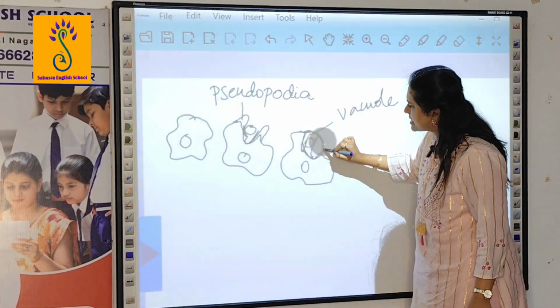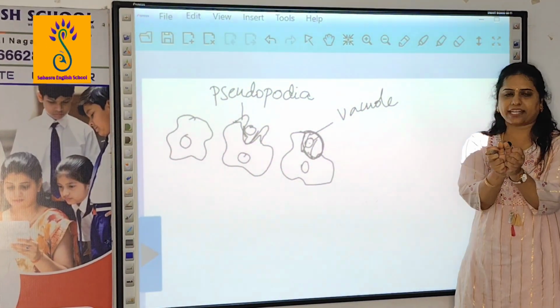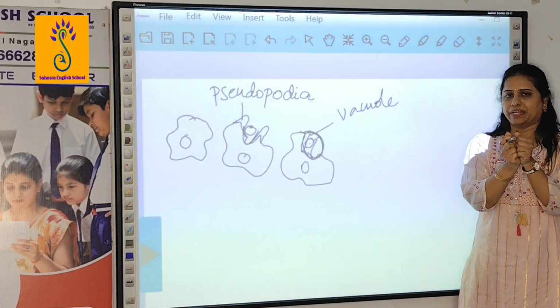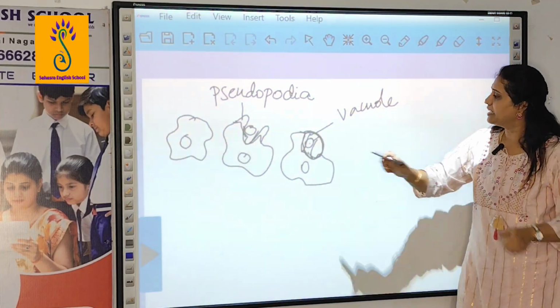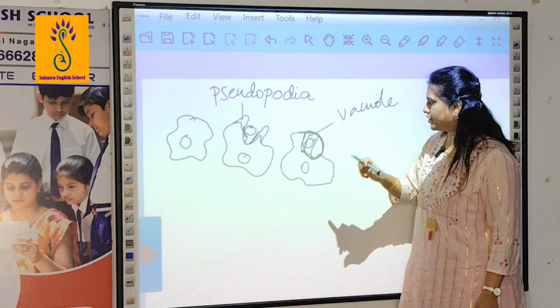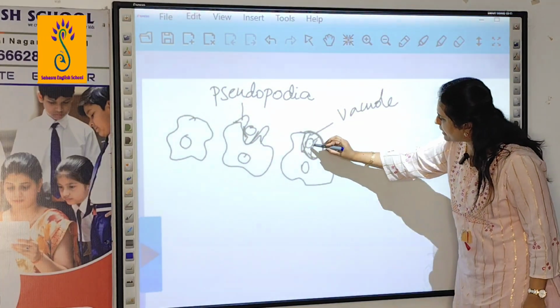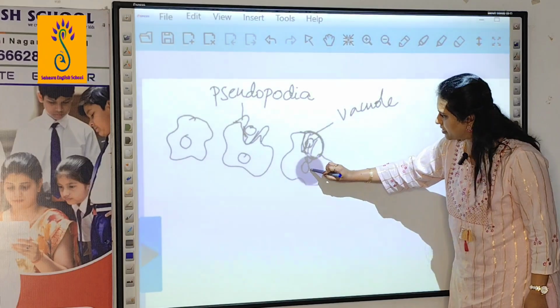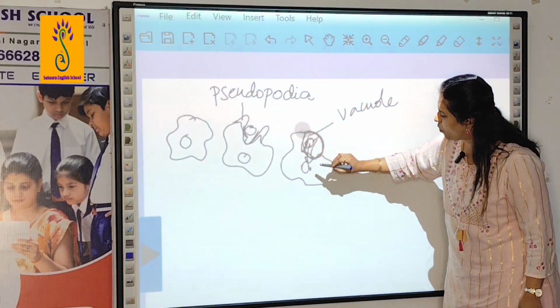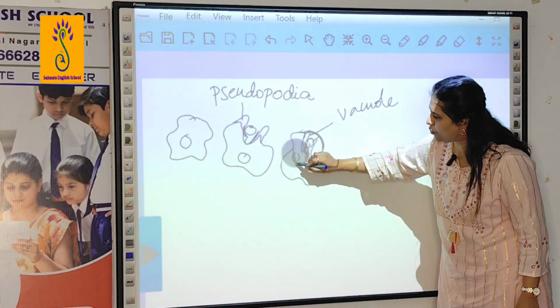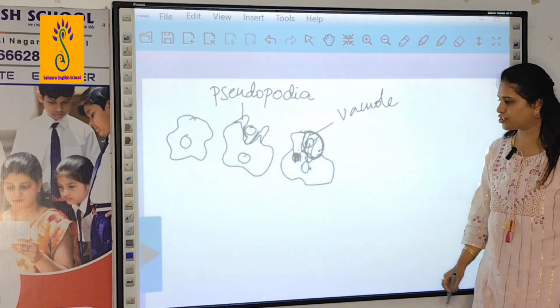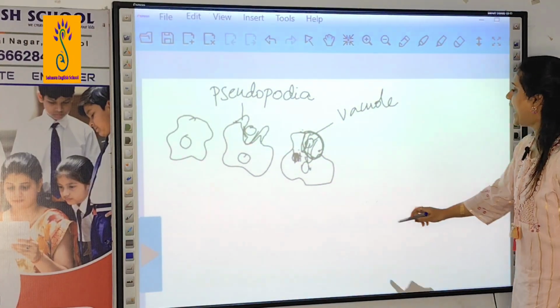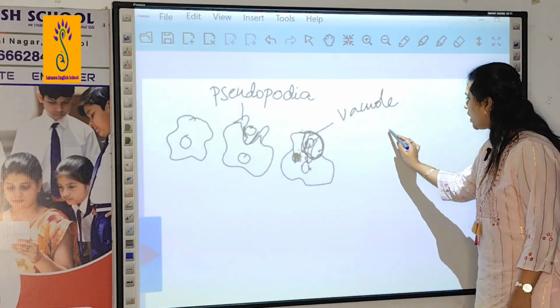It is engulfing, ante catching it, the food. It will engulf the food. Next what is happening? This food enters inside. This food is entering inside and what is happening? This food is broken down. That is digestion. It is broken down and it is absorbed here.